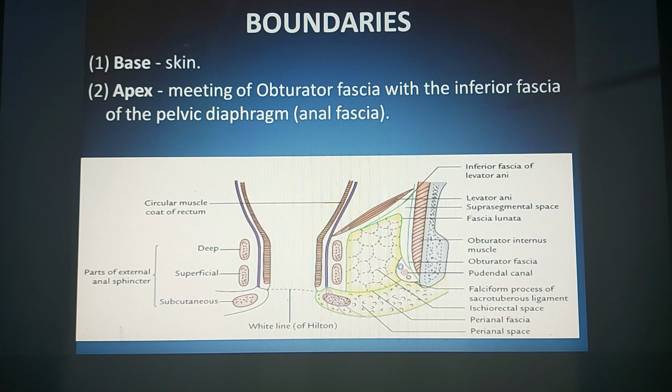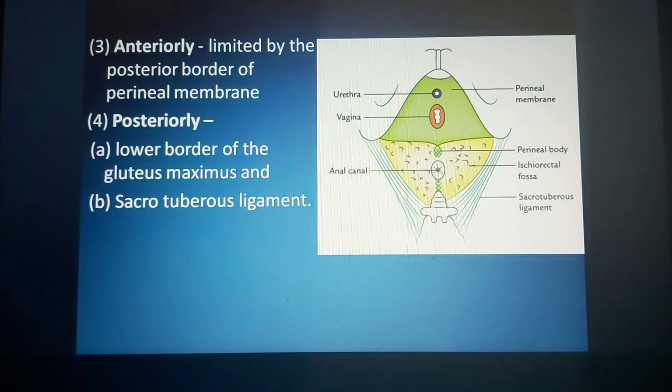So this is the apex, which is formed by the obturator fascia and also the inferior fascia of the pelvic diaphragm. Anteriorly, it is limited by the posterior border of the perineal membrane.